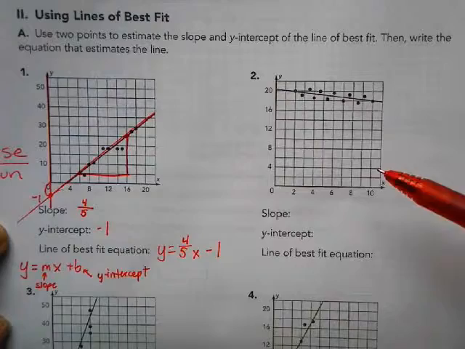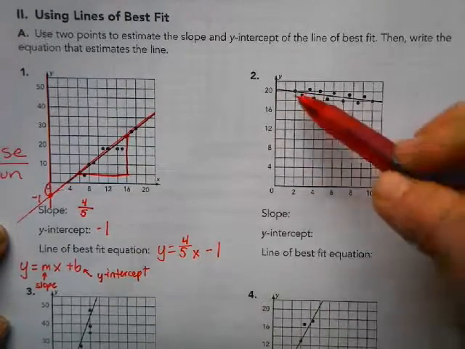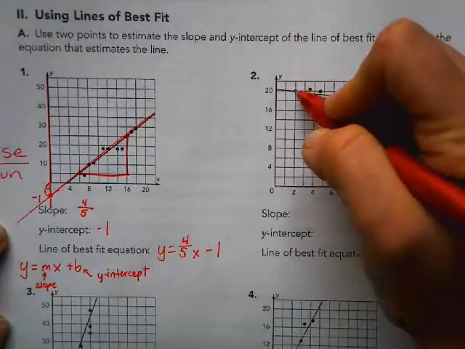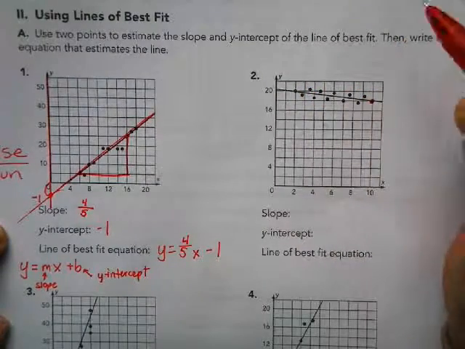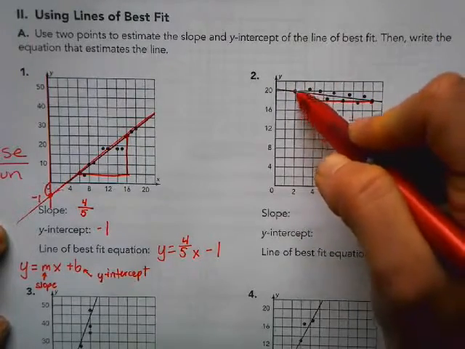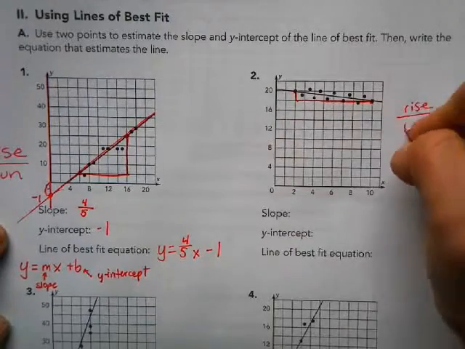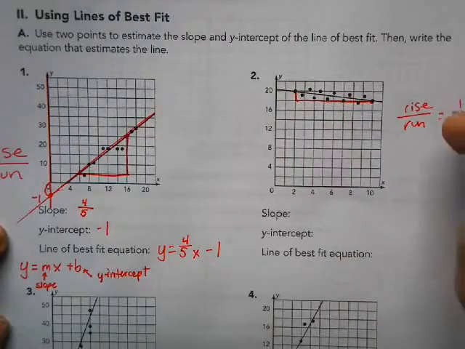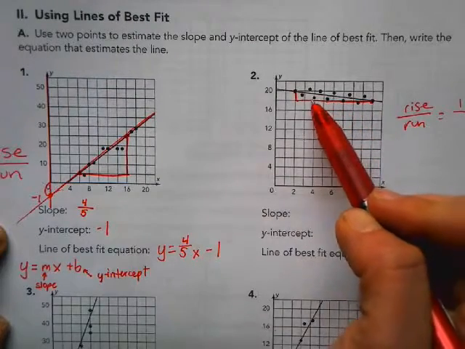Let's take a look at number 2, and let's go ahead and find the slope. So find 2 points along the line where it crosses the grid. Make your triangle. My rise is going to be 1, and our run is 1, 2, 3, 4, 5, 6, 7, 8.